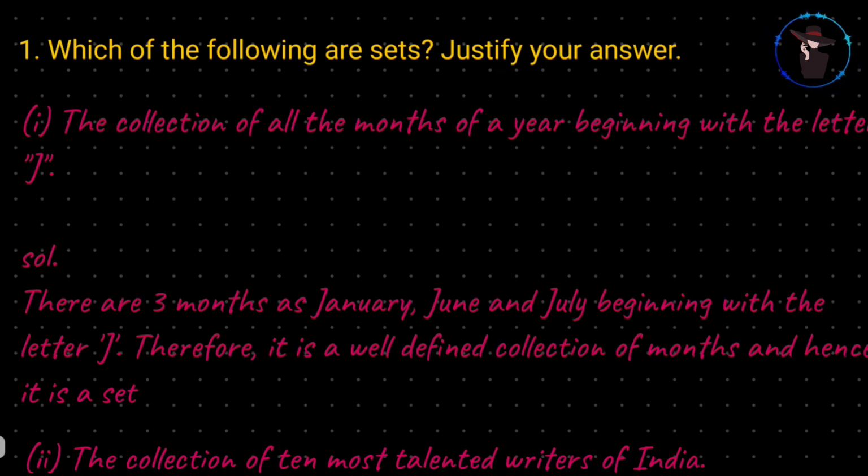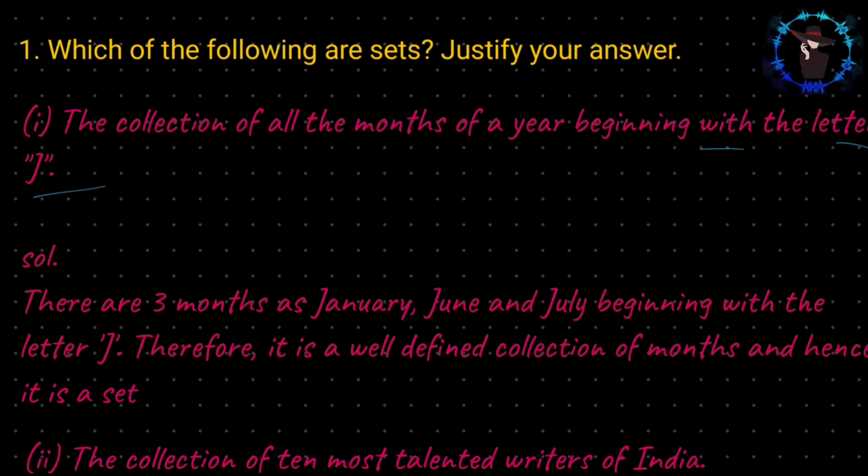Moving on to the exercise, we have the first question. Which of the following are sets? Justify your answer. They are asking us to find whether the given collection is a set or not. Let's take the collection of all the months of the year beginning with the letter J. So what is it asking?